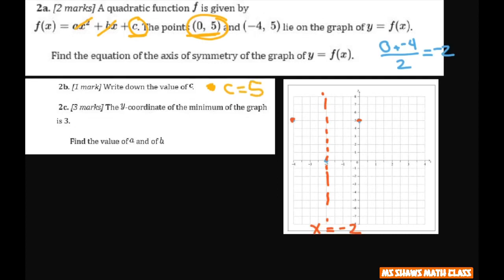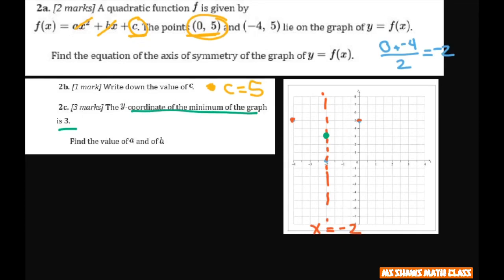All right. Now, the y-coordinate of the minimum of the graph is 3. So let's look for 3 for y. So here's your minimum for y. Now, if that's your minimum, that means that's your vertex.